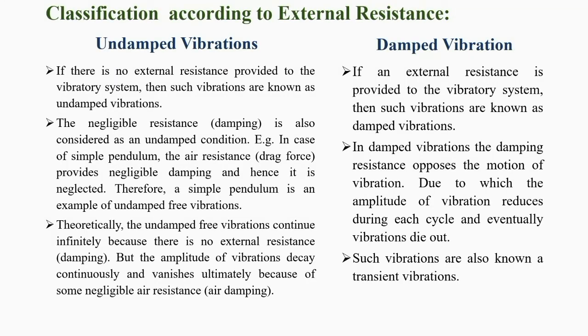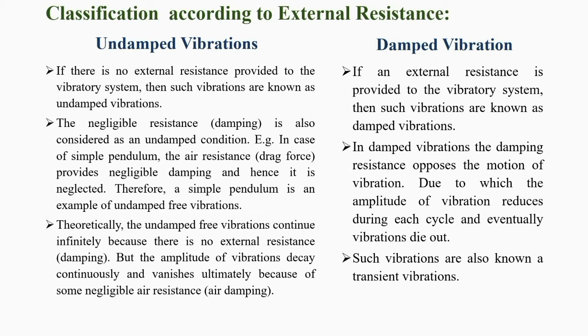The next classification is based on whether external resistance is provided or not. We already know what damping is. Damping is nothing but external resistance provided to the vibratory system, and if external resistance is provided, there is energy dissipation during each cycle, and that's how we can reduce the amplitude of vibration.